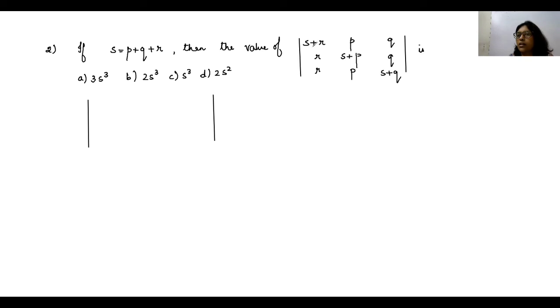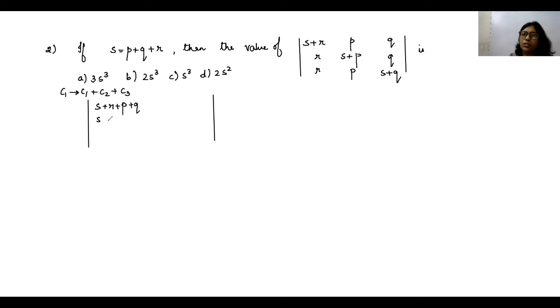We see that in the first row, if we add these columns here, we get the same term as the second and as the third. So we are going to apply C1 changes to C1 plus C2 plus C3.